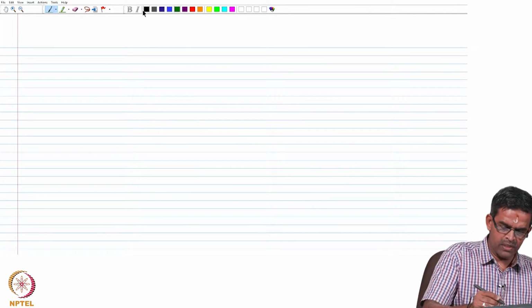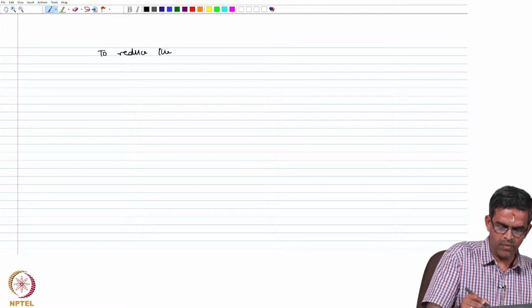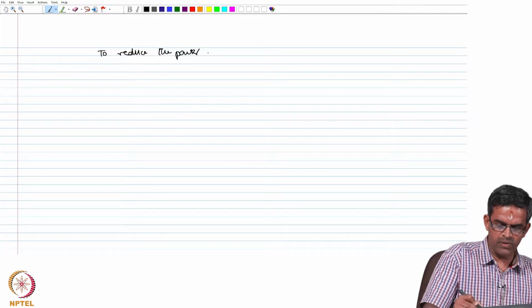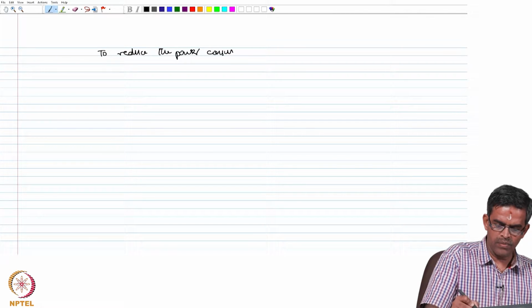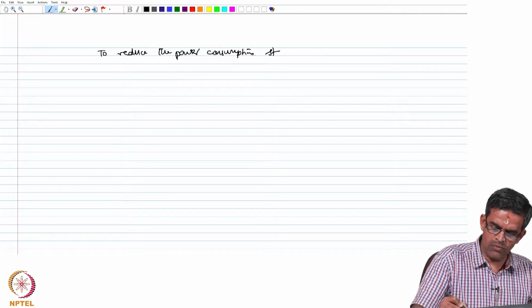Now, to reduce the power consumption on the processing unit, standby mode is followed generally.